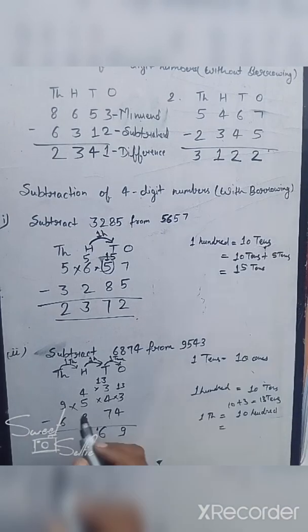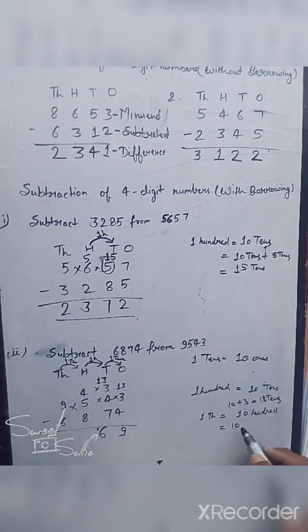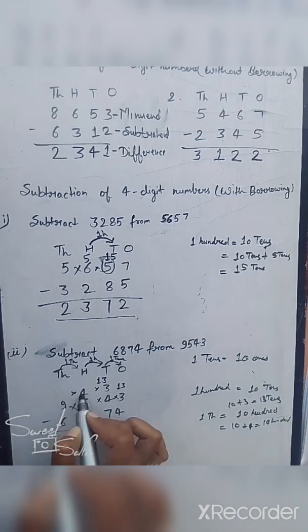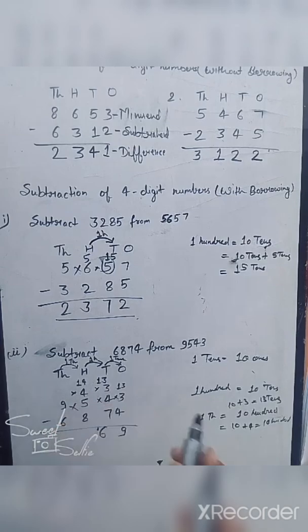So here is already 400. So 10 hundreds plus 400 is equal to 1400. Okay, so here will be 1400.